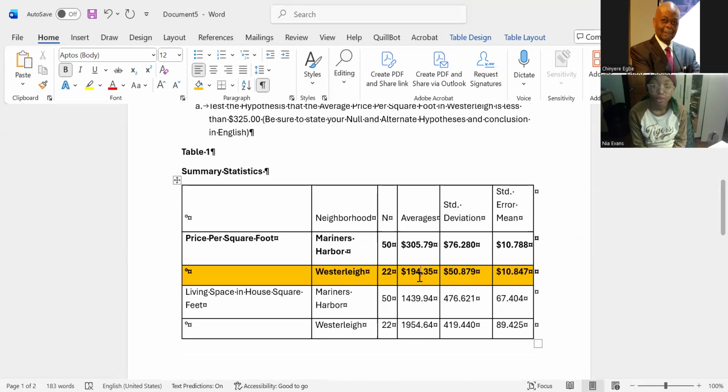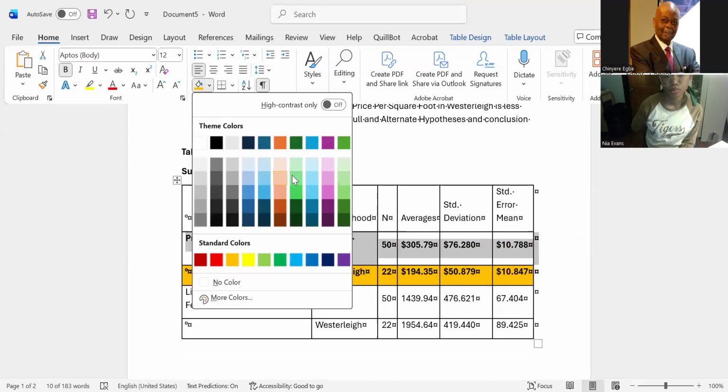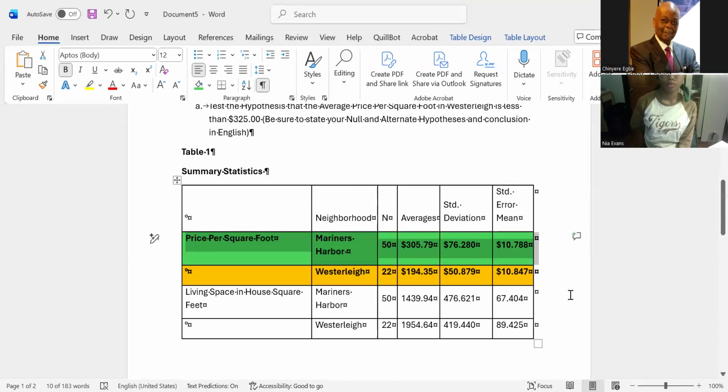Okay. Now, suppose we were testing for Mariners Harbor. You see that the sample average for Mariners Harbor is 305.